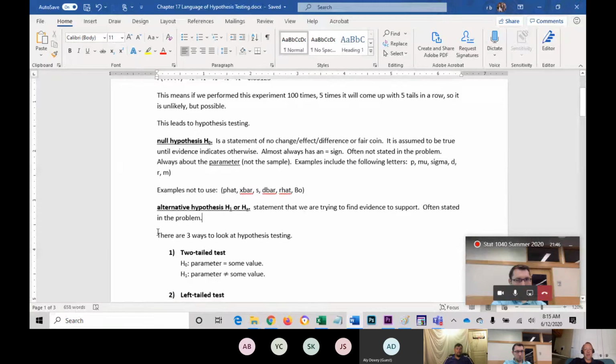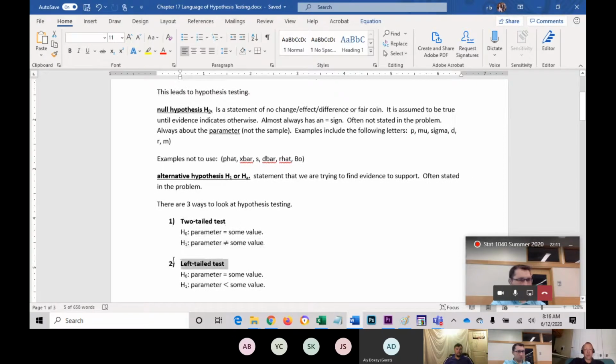Okay, so there are 3 ways to look at hypothesis testing. You can do a two-tailed test where the null hypothesis is always going to be the parameter, which is probably going to be either P or mu, equals some value. And the alternative hypothesis is the parameter doesn't equal some value.